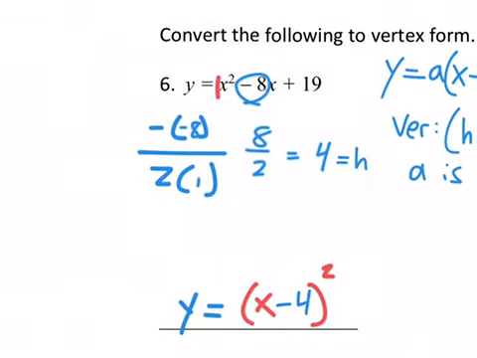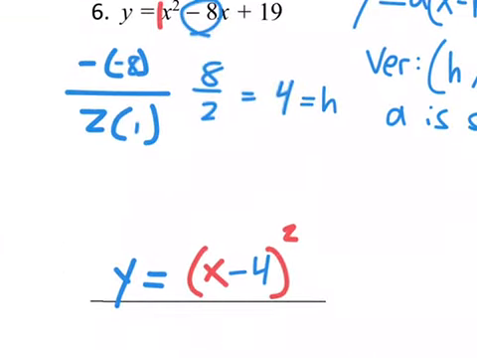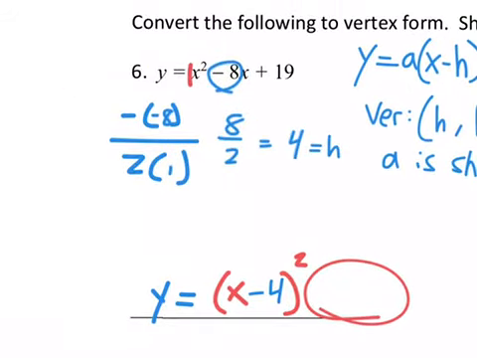Now to find the y value, so to find the number that goes here on the outside, it will not be any of these numbers. It's never going to be those numbers. The only way to find that k value is to plug in the x-coordinate of the vertex into the equation. So let's do that. All right, so going back to our original equation.